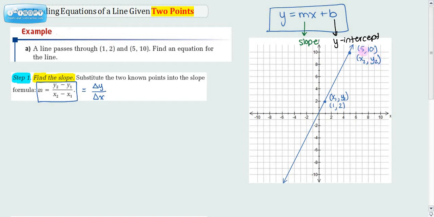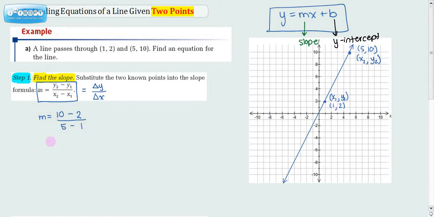So substituting these values in for y2, y1, and x2, x1, I should be able to come up with my slope. So my y2 is 10, my y1 is 2, my x2 is 5, and my x1 is 1.